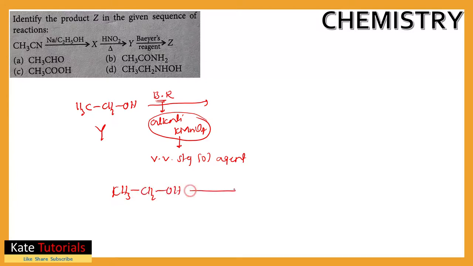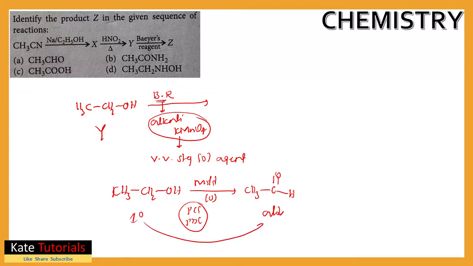If I add a mild oxidizing agent like PCC or PDC, these are there in NCERT, right? What would I get? I used to get CH3CHO, an aldehyde. So from a primary alcohol I used to get an aldehyde.